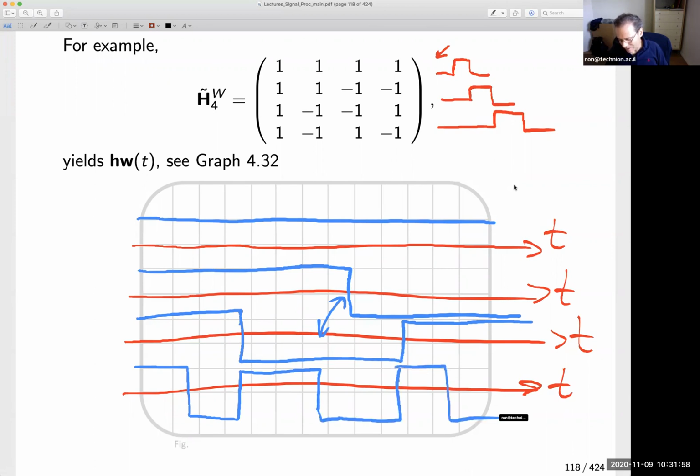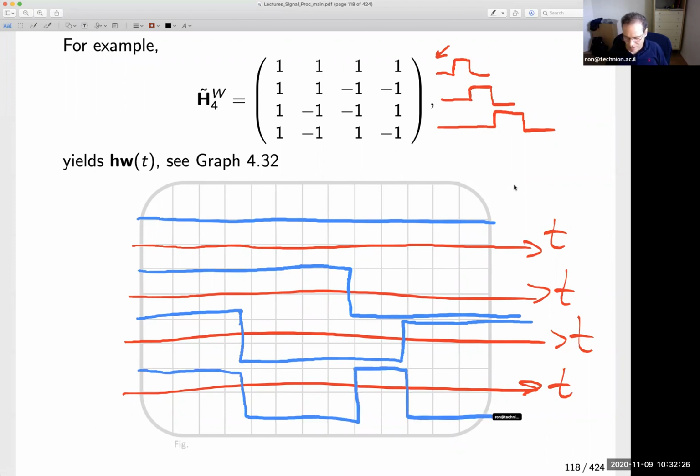Probably I did something wrong here. 1, 2, 3, 4, 5. No, it should have only 4 of them. So I did something wrong here. Let's see, what did I do wrong? It should be like that. It should be like that. 1, -1, 1, -1. So this is how it should look like.